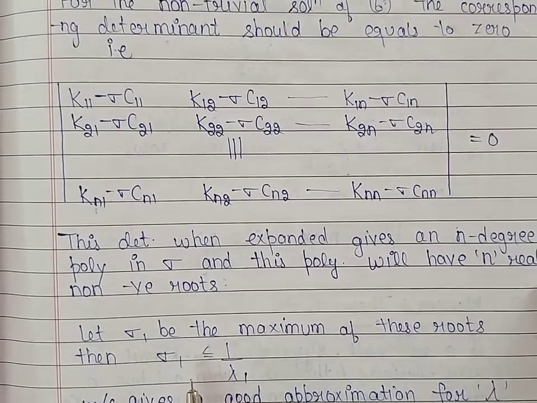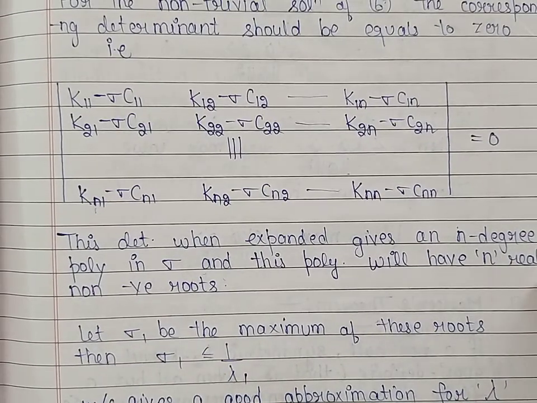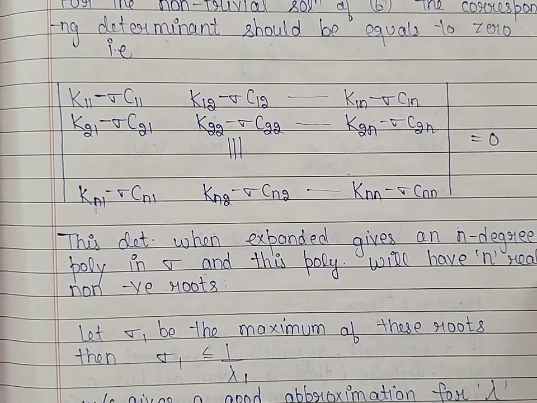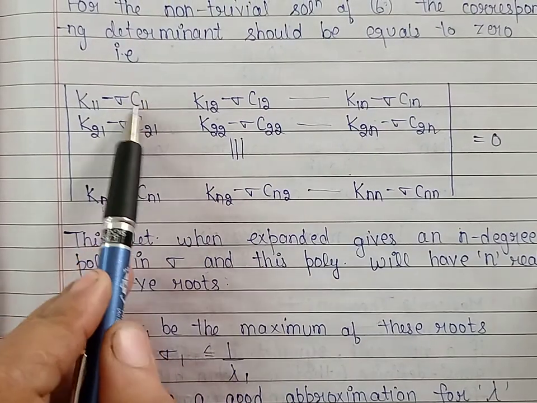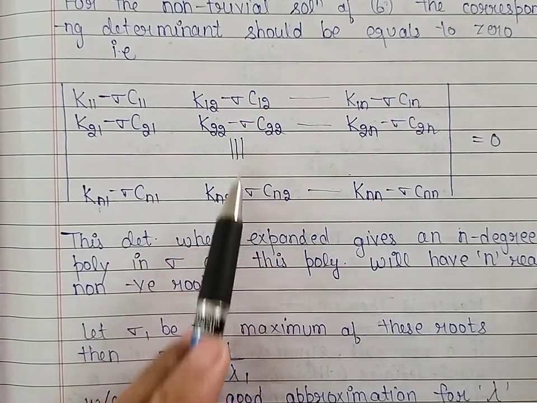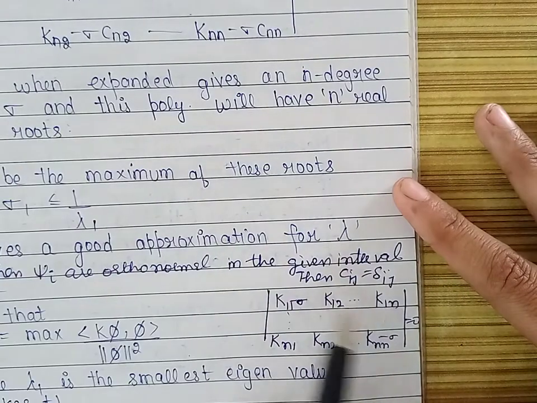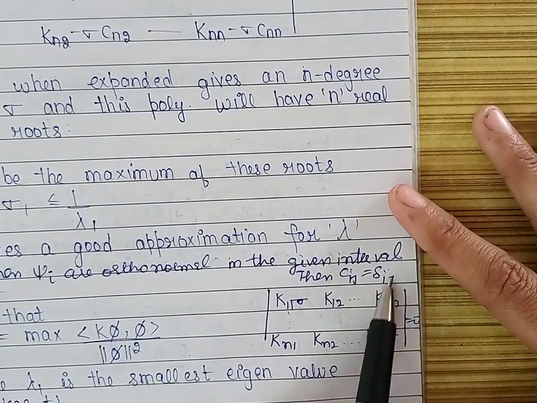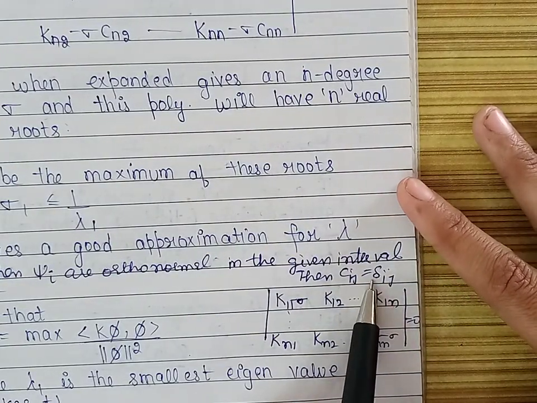In a particular case, if the trial functions which we have taken as the functions psi i are orthonormal in the given interval, in that case these coefficients c_ij are given by delta ij, meaning Kronecker delta function.